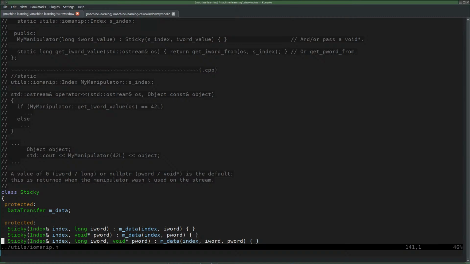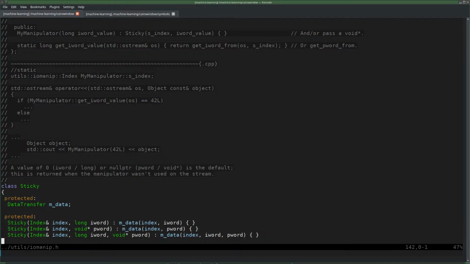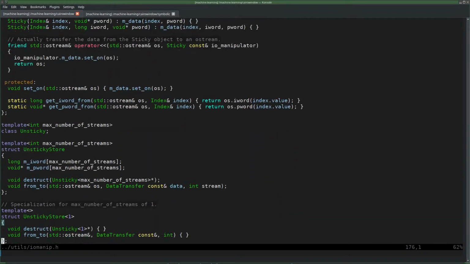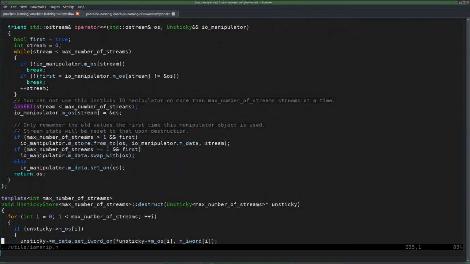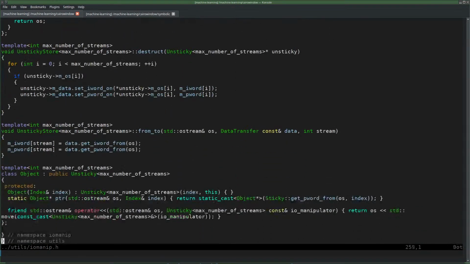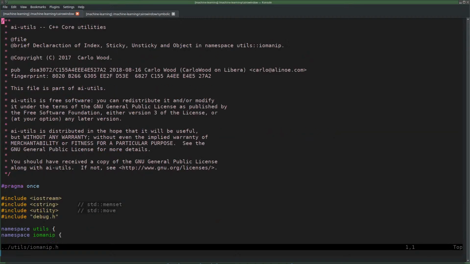It's so unbelievable that I never wrote a good documentation for this. I have sticky and unsticky, and I don't even know what the difference is. It doesn't tell me, it doesn't have a usage.